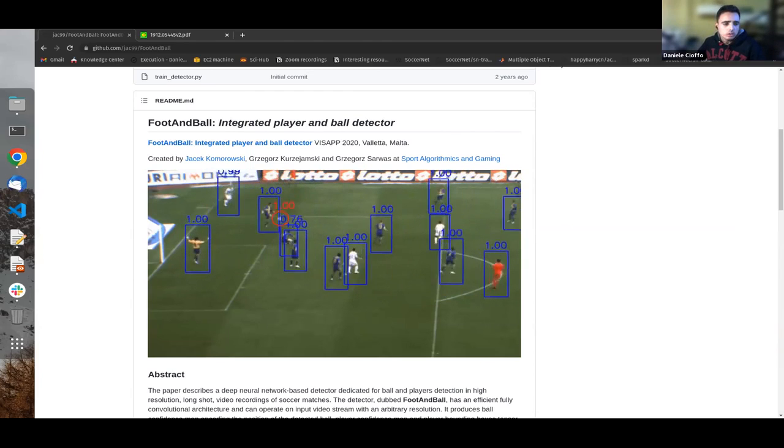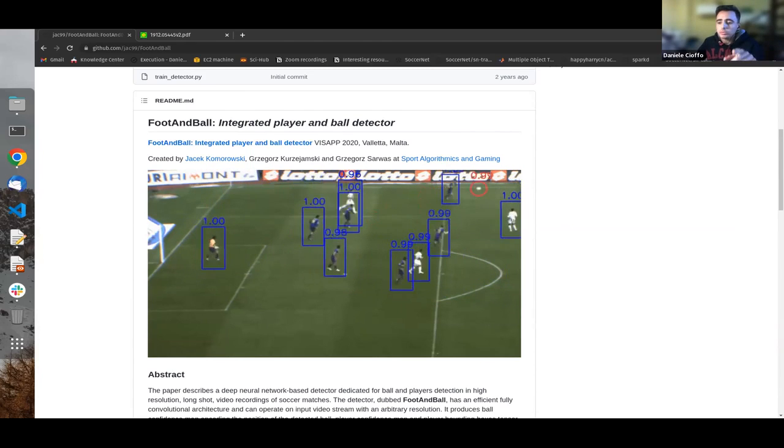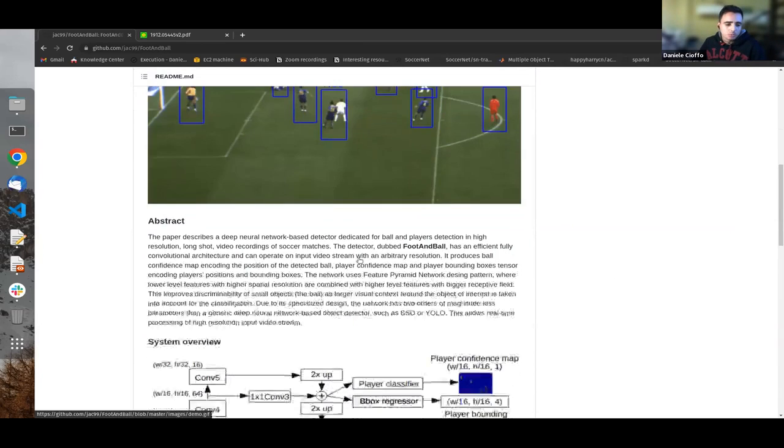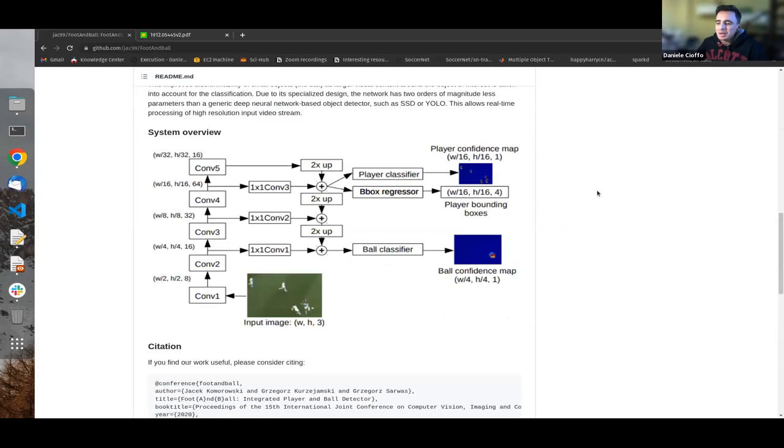This detector produces, as you can see from the video, a ball confidence map that encodes the position of the ball, and also a player confidence map and the player's bounding box.